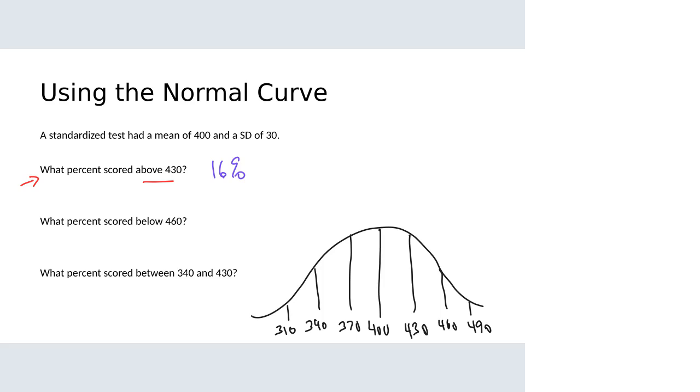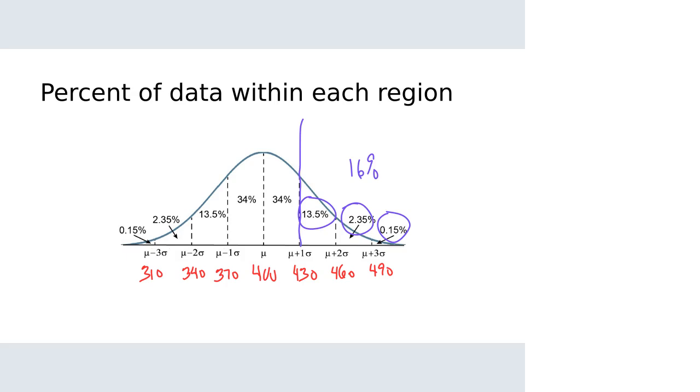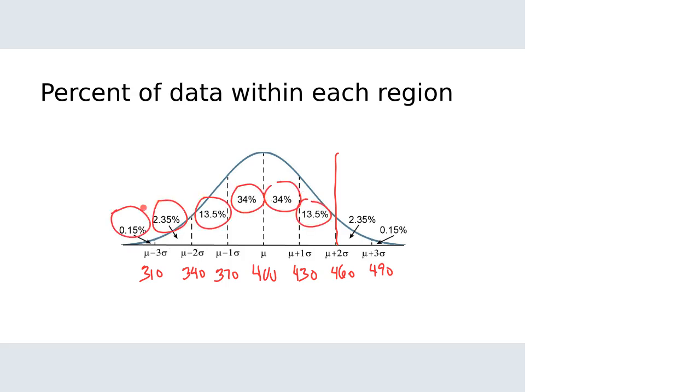The next question says, what percent scored below 460? So we go back to our normal curve, and this time it says, what percent scored below 460? So I have to identify where 460 is, and I want everybody below 460.